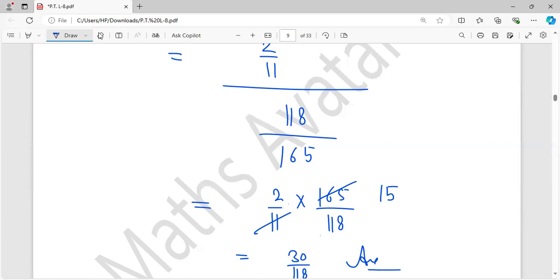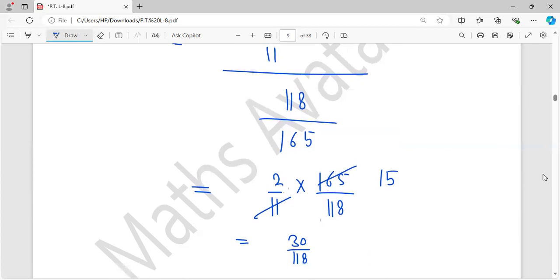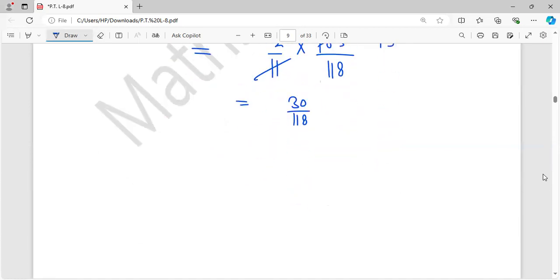Now last one, we need to calculate P(E1 relative to A). You can solve it further.